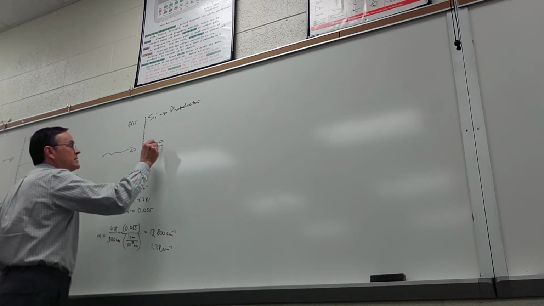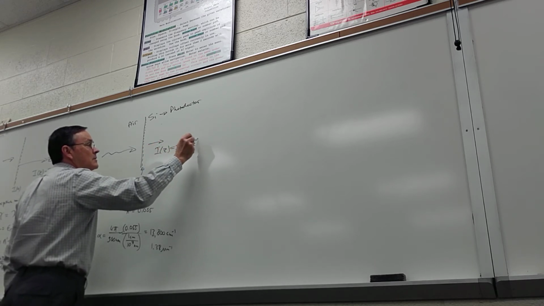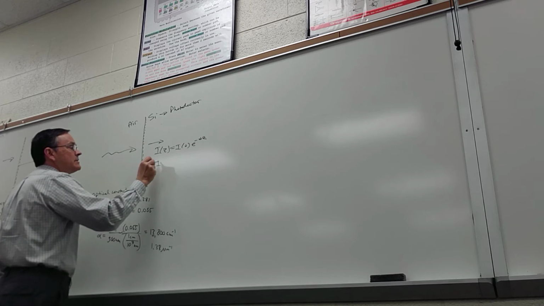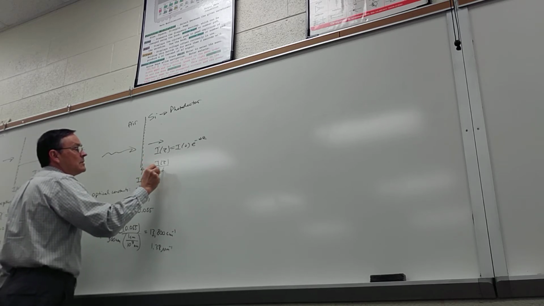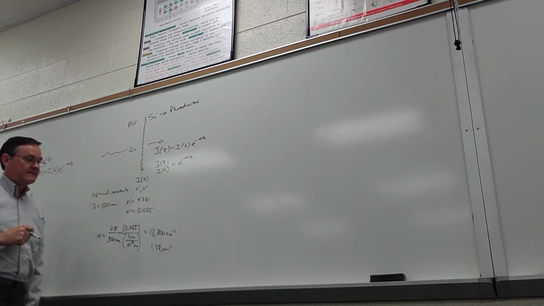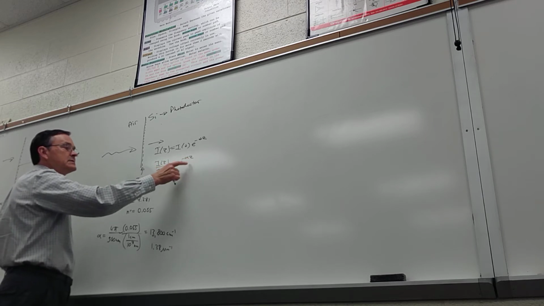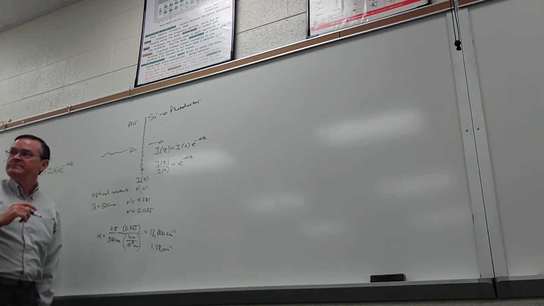So basically, if you look at the irradiance here, and look at the ratio, it goes as e to the minus alpha z. And if alpha is 1.38 inverse microns, how big is z before that becomes 1 over e?